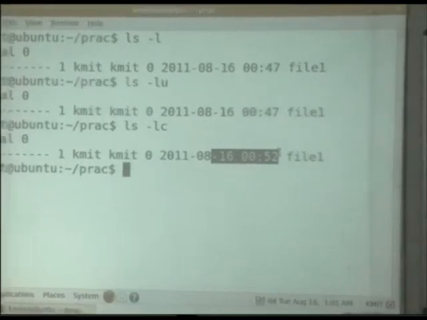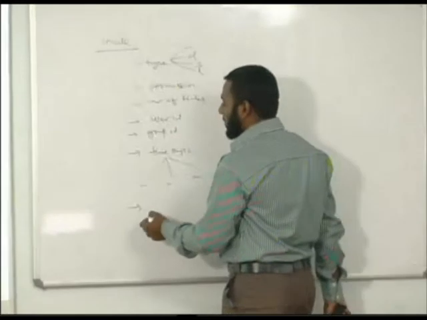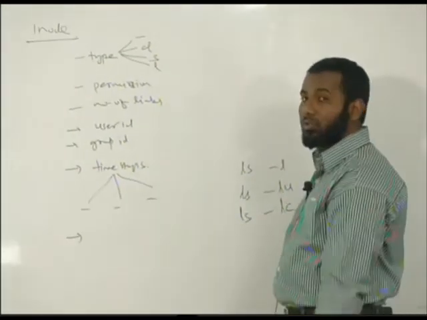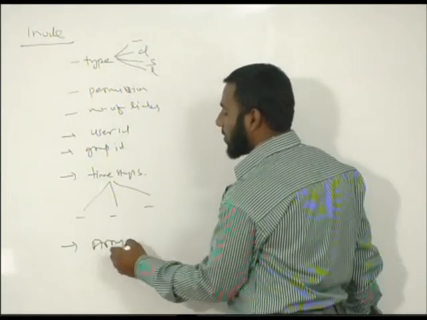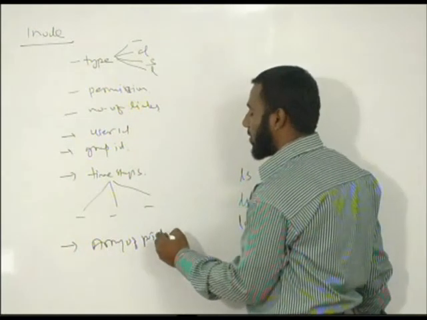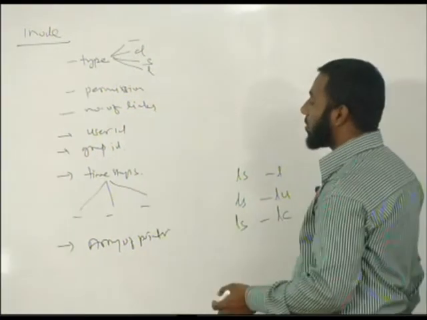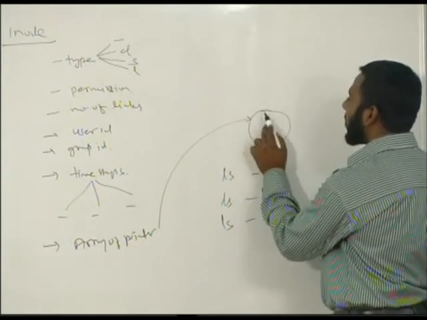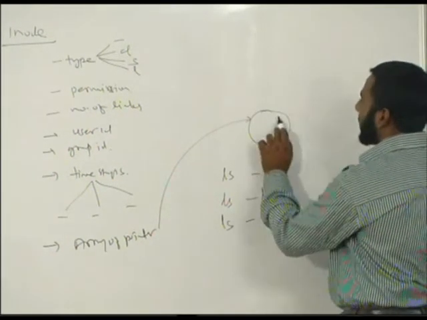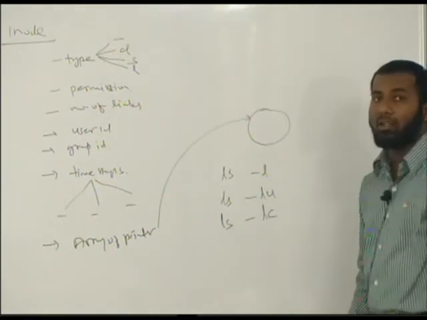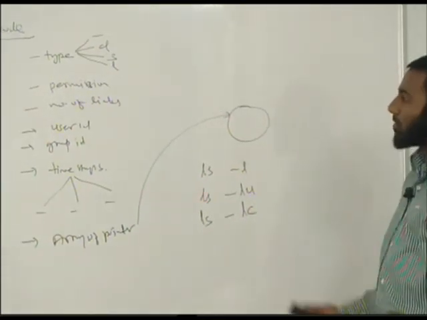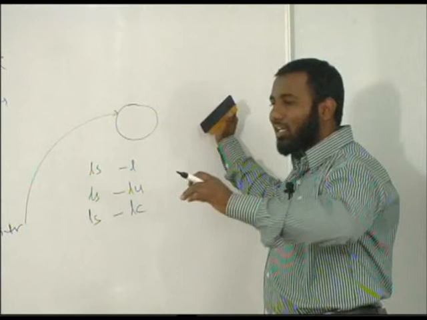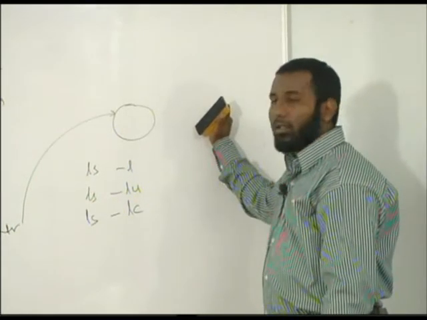And it also contains an array of pointers which point to different blocks. As I have told, the contents are actually stored in a block. If a file is 100 or 2000 bytes, then the contents of the file will be stored in blocks.